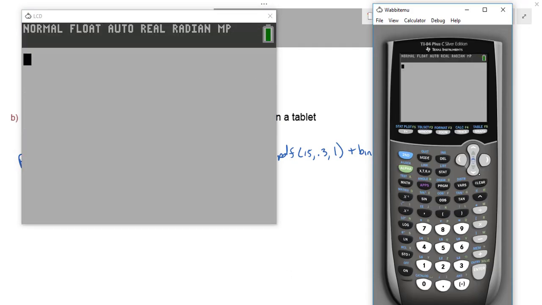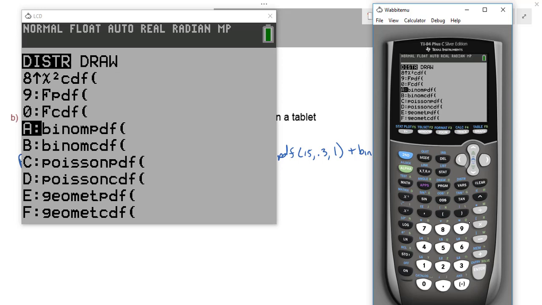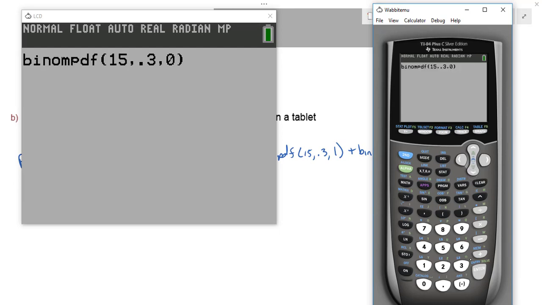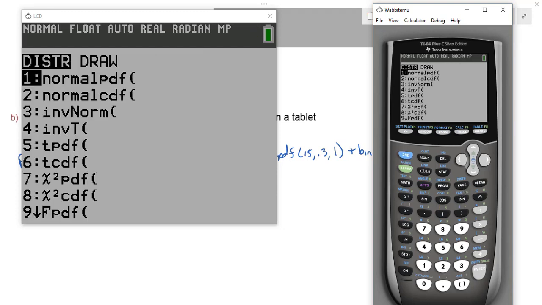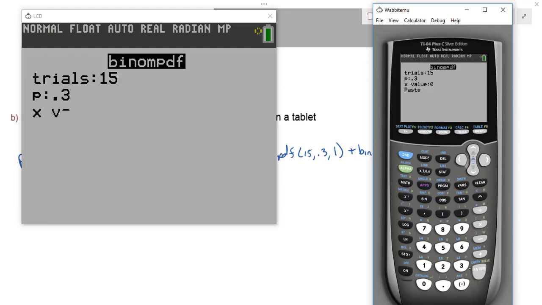So I'm going to clear this out and we're going to look at this problem. We hit second vars, go up to letter A to get to the binomial PDF. We have 15, 0.3, and 0. We hit paste, only now we don't hit enter, we hit plus. And then second vars, binomial PDF. N is 15, p is 0.3, x is 1.